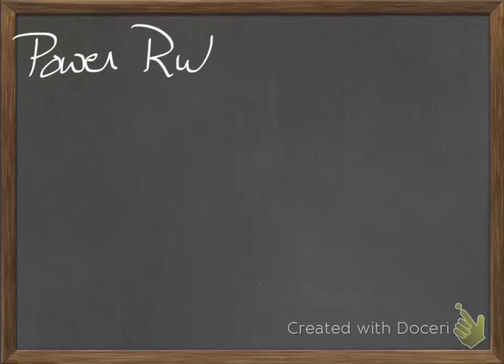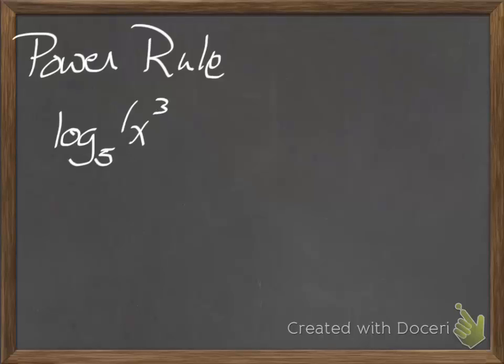And so the next one is the power rule. So this is log base 5 of x to the third. And you notice that I put parentheses around the part after my base, my answer portion. That's so I don't lose what's connected together.